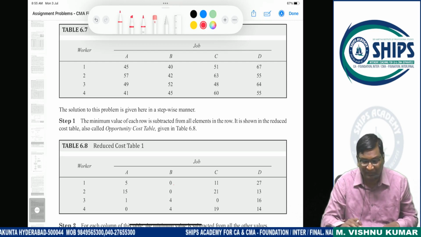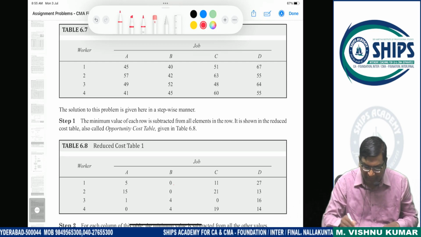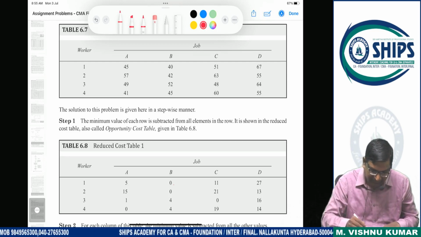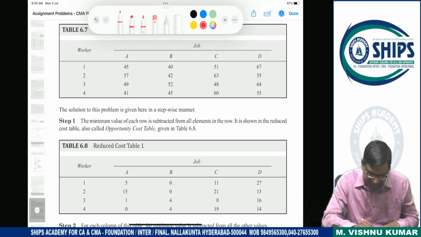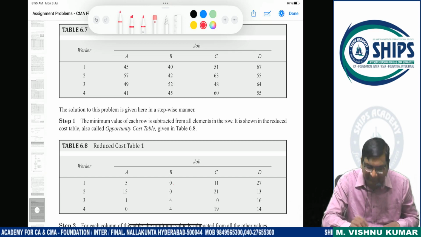This is called as what? Row operation. Why is row operation required? It means row wise, if job B is given to worker 1, then he is doing this job in minimum time.